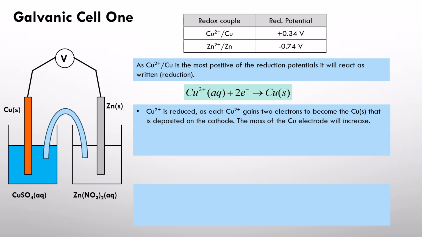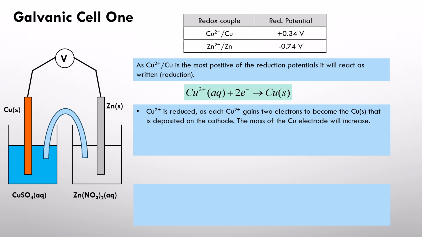And I'm going to link this to what I observe. That means that this copper solid that's been made from these copper 2 plus ions will be deposited on this cathode. Now, interestingly, because it's been reduced, this is called the cathode. The cathode is always the electrode where reduction happens. So the mass of this copper electrode will increase.